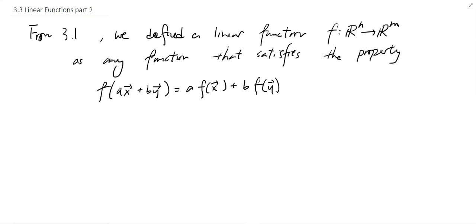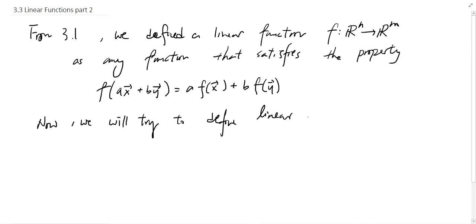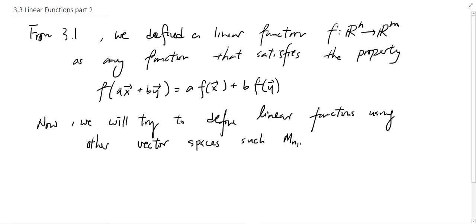So what we're going to talk about in 3.3. Now what we're going to try to do is the following. Now we will try to define linear functions using other vector spaces, such as the matrix space, the polynomial space, or the continuous function space.